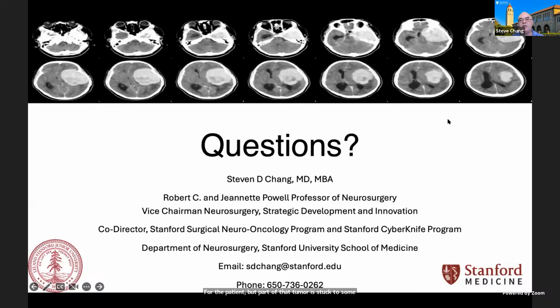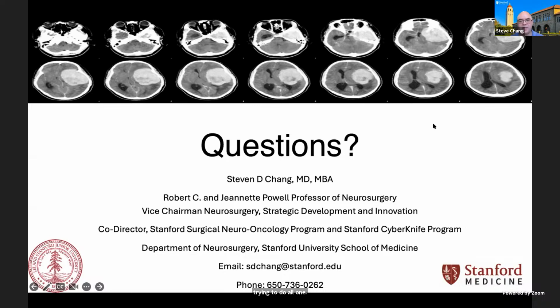So in that situation, you could propose doing a 90% resection of the meningioma to get the pressure off the brain, and then treating the remaining 10% of the tumor that's stuck to very critical structures with the focused stereotactic radiosurgery. So sometimes mixing and combining the therapies is a better option or safer option than trying to do all one or all the other.